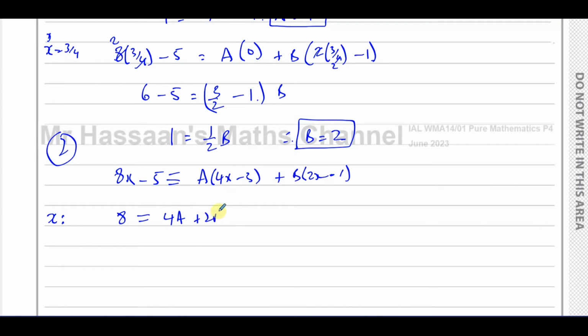So that's one equation we formed. We can also look at the constants. On this side, you have negative 5. And here you have minus 3a and minus b. So you have two equations now.